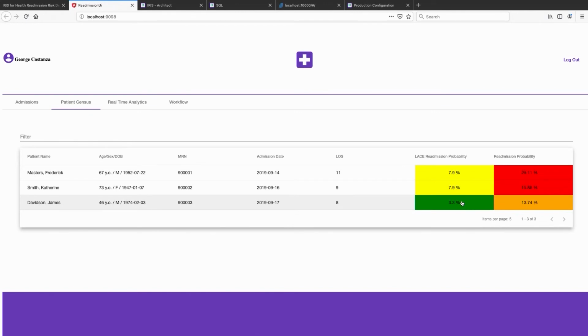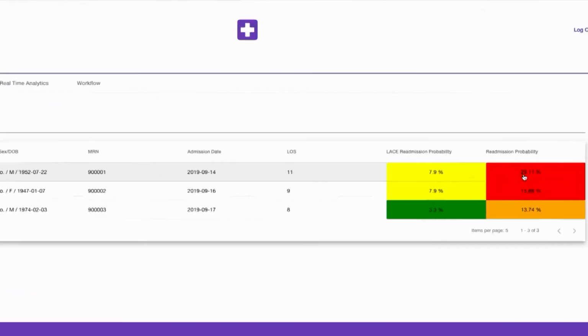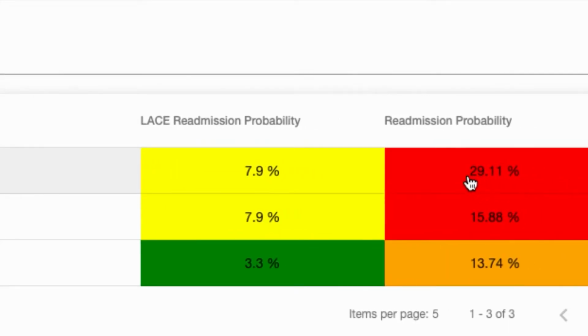Because I want to compare it to the machine learning risk, because machine learning gives me a percentage score, the probability of readmission. And as you can see here, machine learning thinks that this patient has a much higher risk of readmission than LACE thinks. And that is real.